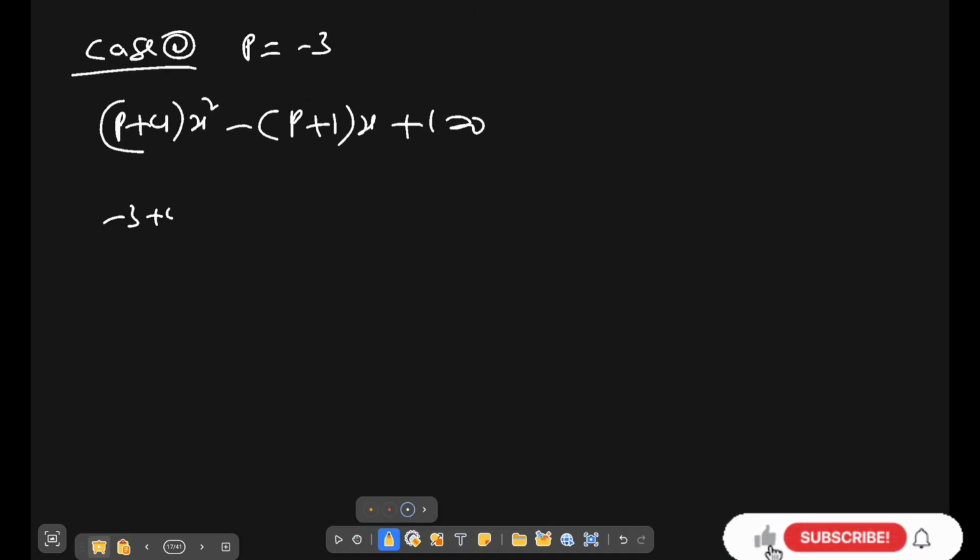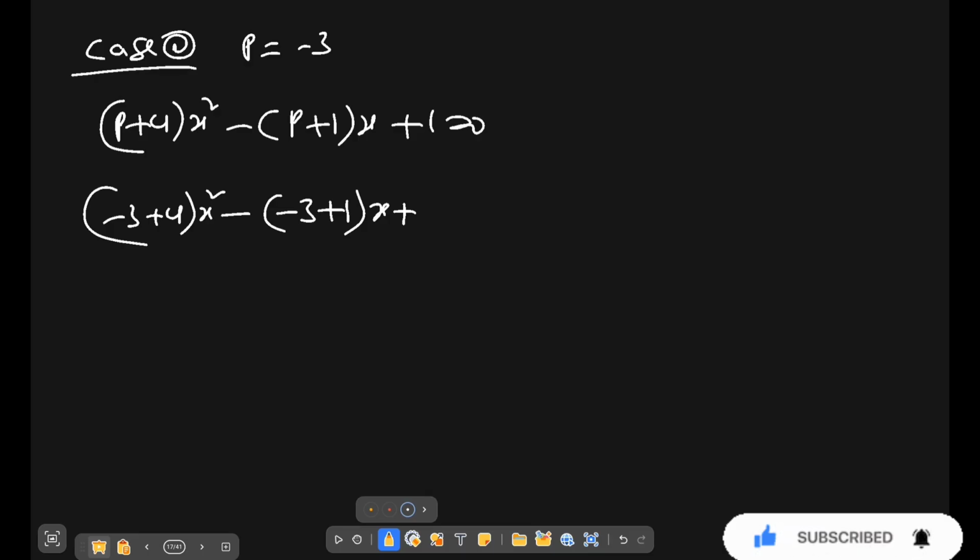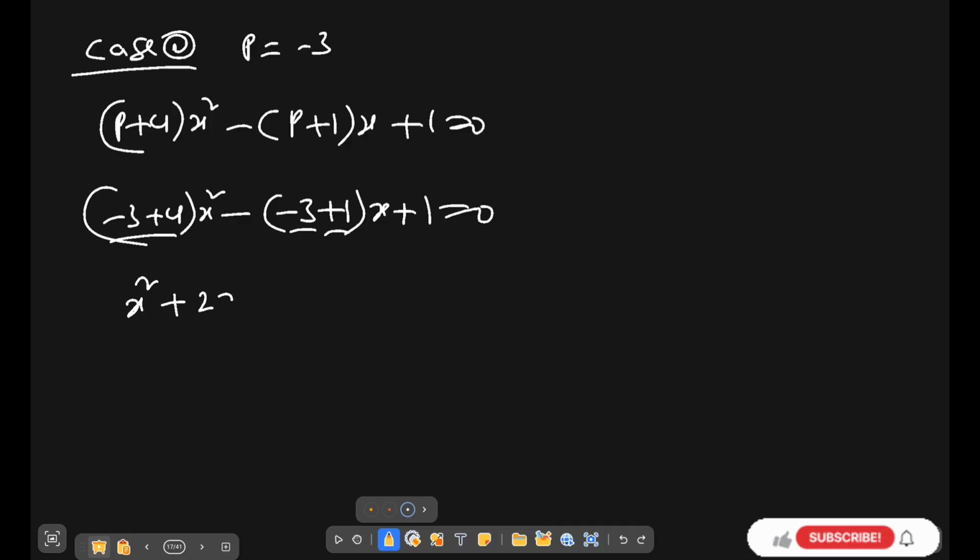Minus 3 plus 4 x square minus of minus 3 plus 1 x plus 1 is equals to 0. Next here minus 3 plus 4 is equals to 1, x square. Now this is minus of minus 3 plus 1, minus of minus 2, which is plus 2. So x square plus 2x plus 1 equals to 0.